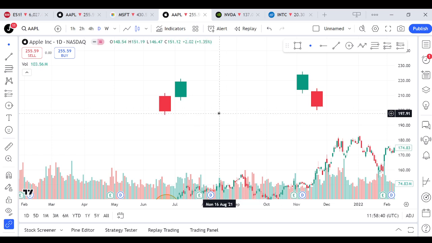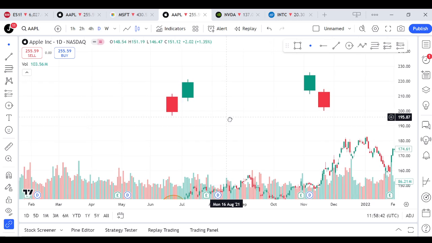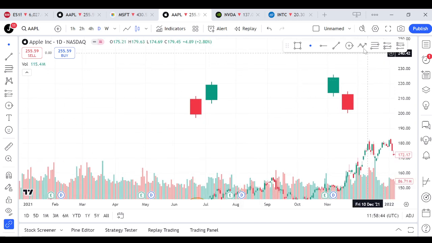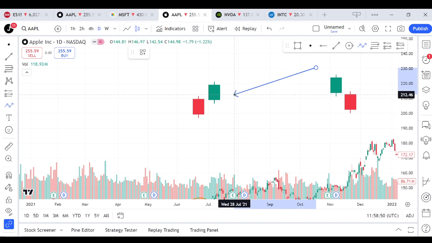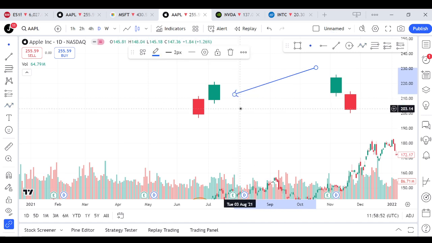So the bullish separating lines involves 2 candles. The first is a bearish. This is for the bullish separating lines. And this is for the bearish. So for the bullish separating lines candlestick pattern, the first candle is a bearish candle followed by a bullish candle that opens at exactly the same level as the first candle.